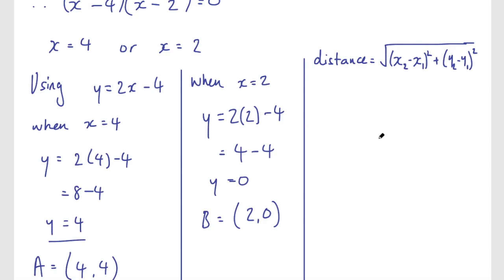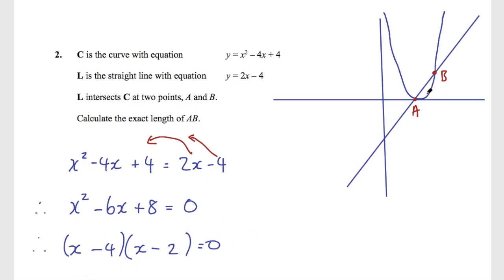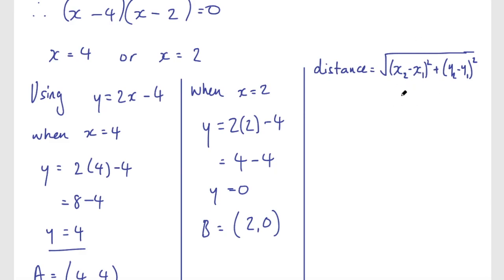And that's derived from Pythagoras' theorem, because it's essentially a right angled triangle where x is one leg and y is the other leg. But anyway, as long as you've used this distance formula before, you'll be fine.